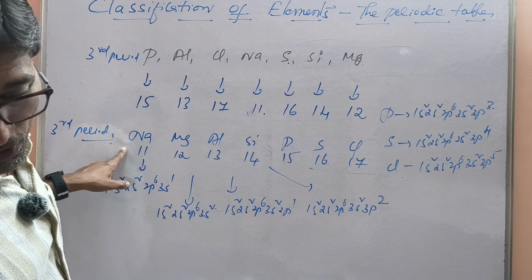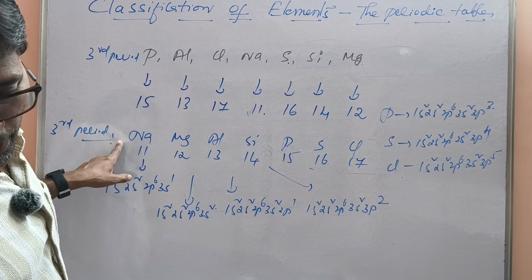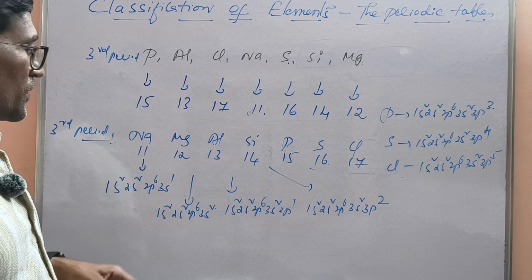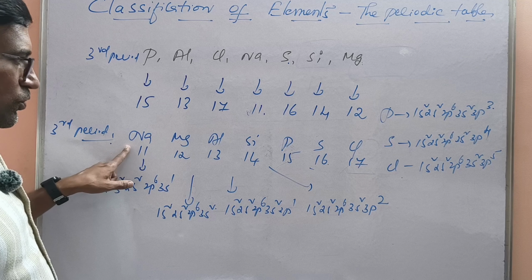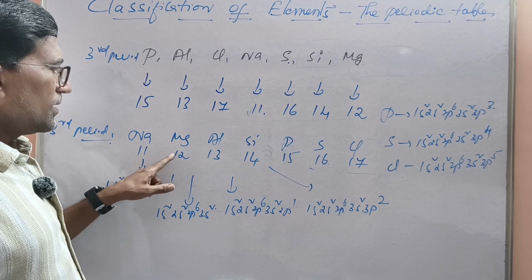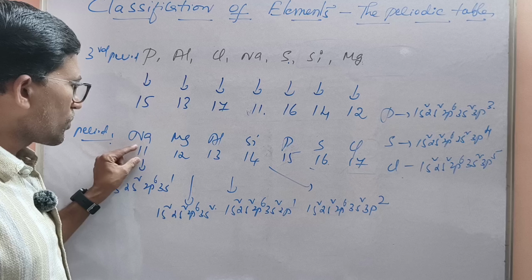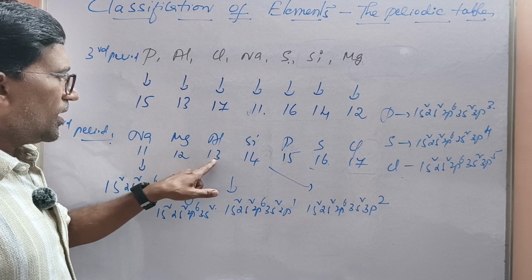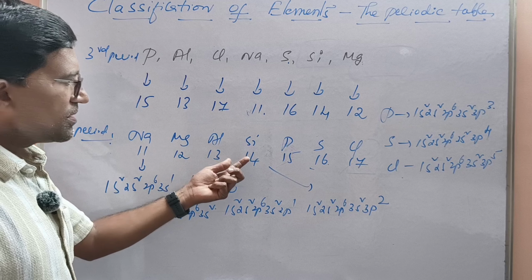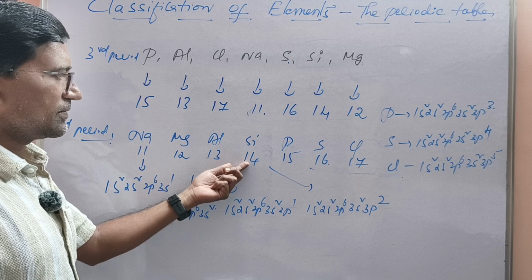The question is to arrange the following elements in increasing order of atomic radius. The highest atomic radius is sodium. Next, somewhat less compared to sodium, is magnesium. Aluminum further decreases. Silicon further decreases.